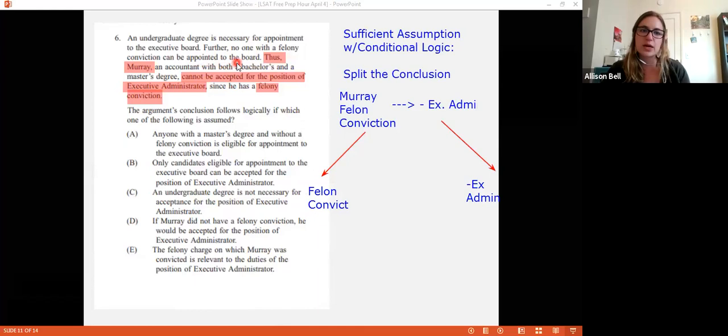And I say, okay, well, what do I know based off of this? So I see a statement here, no one with a felony conviction can be appointed to the board. Okay, so that connects to this idea of a felony conviction. How would you write that with conditional logic? No one with a felony conviction can be appointed to the board. Can you tell me in the chat window what's that in conditional logic?